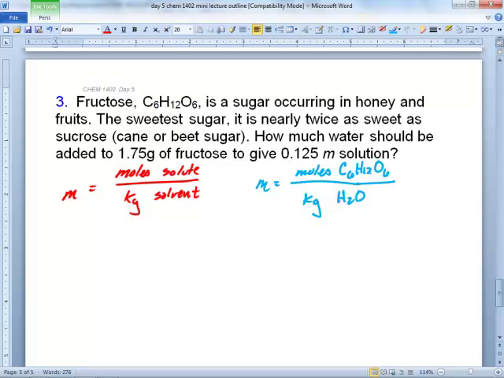So Mari, what did you do first? Okay, I did that so that I would identify what the solute and the solvent is.